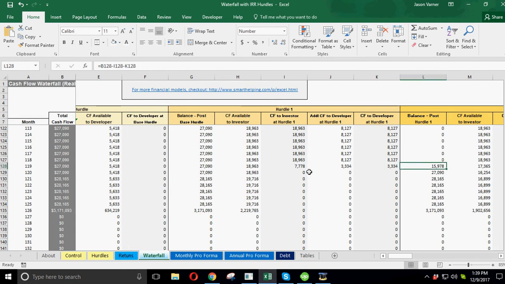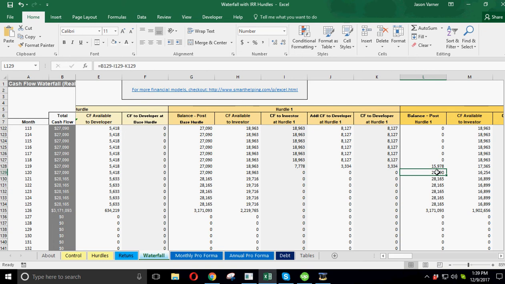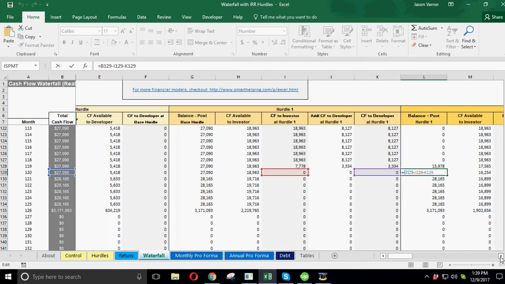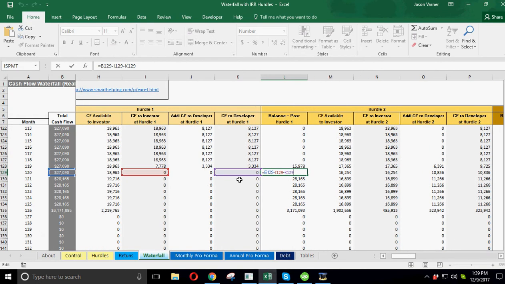So now in month 121, based on these cash flows happening, we have to split the rest of it up into the next hurdle. So this 27,000 is saying, take the total cash distributed minus the cash flow getting distributed to the investor in hurdle 1. And then you have the cash left for hurdle 2.